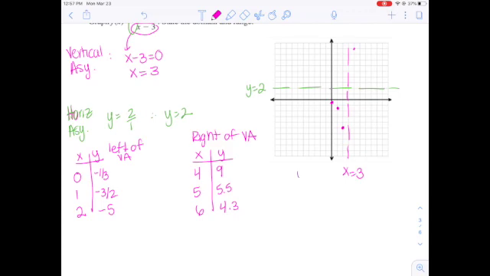At 4, all the way up at 9, all the way up here, and then 5.5, and 6, 4.3. And then that's pretty much as I need at this point to graph these.